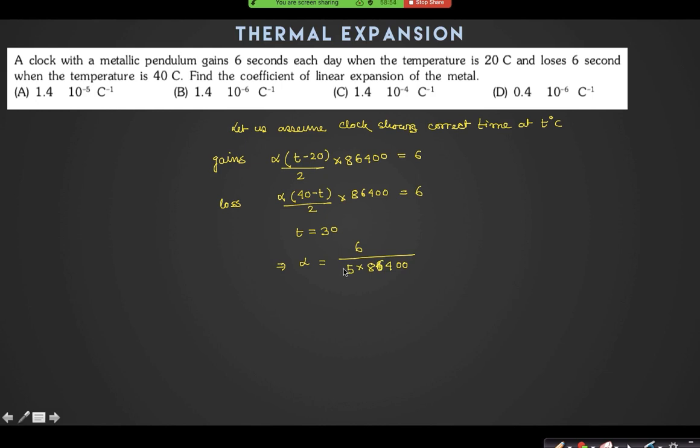If I ask only for the power, then I can easily find it. 6 by 5 is 1.2, and it is 1 divided by near about 10 power minus 5 order will be there. So that option A will be correct definitely.